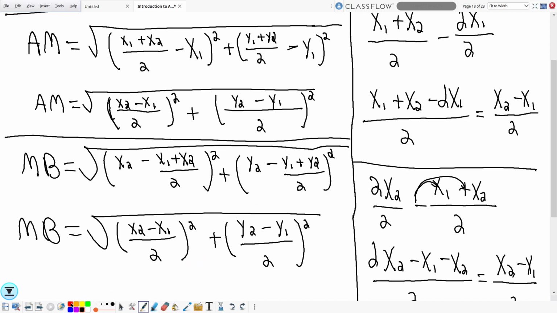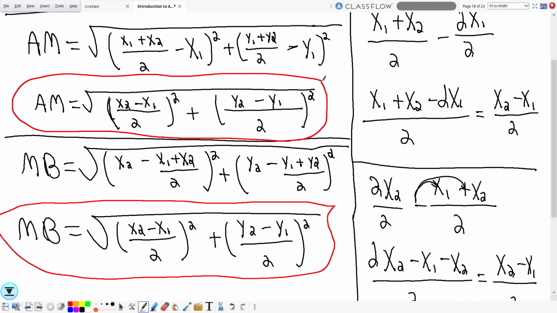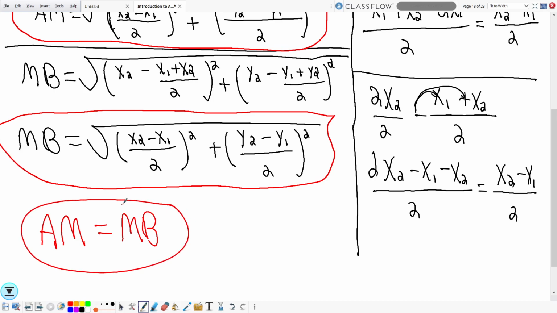It's the exact same thing. The distance for MB turns out to be the exact same formula as the distance for AM, which concludes that AM is equal to MB. And because of that, point M must be the midpoint. They're equally distant from each other.